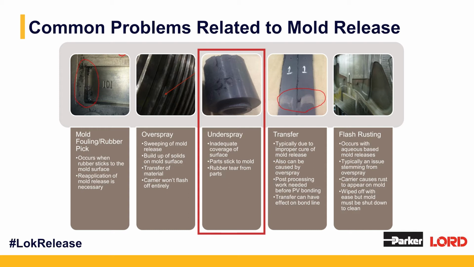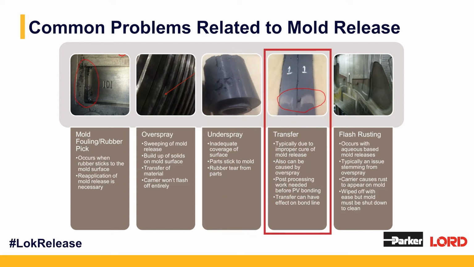Underspray can also be caused by the shadowing effect. The shadowing can occur in any mold, but will be more evident with molds with deep cavities or cavities with a lot of different geometry within them. So it's important to apply your mold release evenly on the mold. Apply several coats at different angles to make sure that all the shadows are covered.